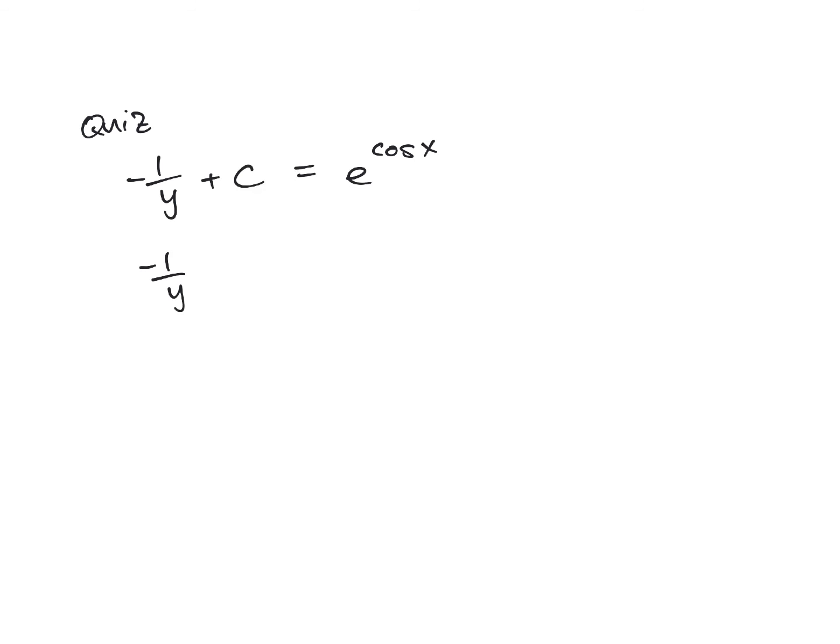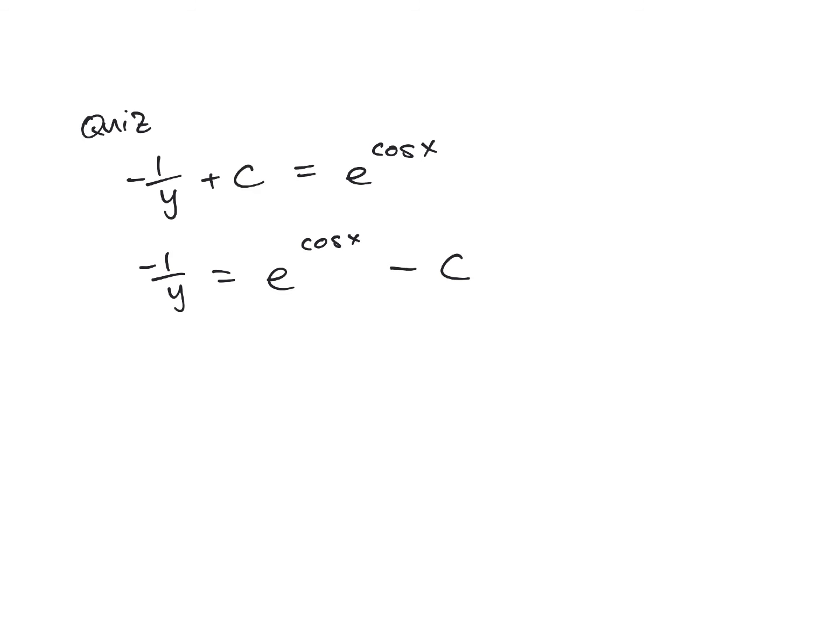So negative 1 over y equals e to the cosine x minus c. And right now, the only really obvious way I could change this constant is I could say a plus c, because I could take the negative 1, negative c, and combine that into a positive c, and it doesn't matter. That's all constants over there.